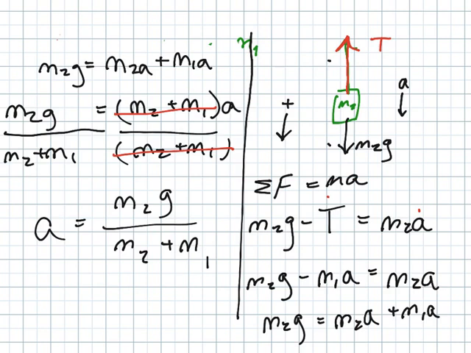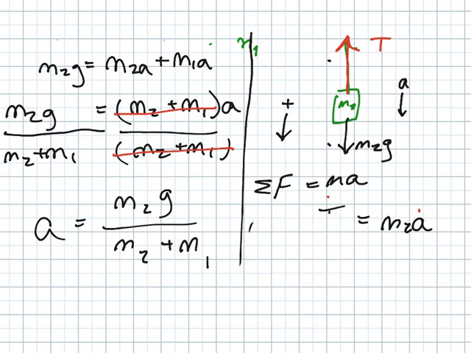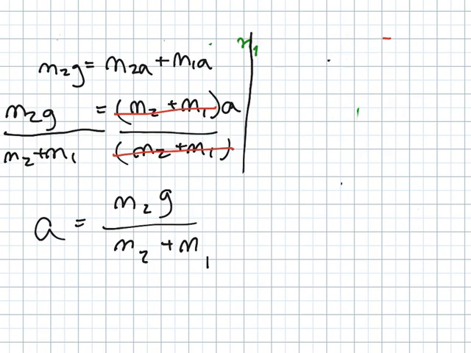I know you love to plug in the numbers, and we can certainly do that. Let me erase some more of this stuff here. Then we're going to do a couple more things with this solution just to make sure that it makes sense to us. But honestly, getting a numeric value for this acceleration is the least important part of the problem. Essentially, when you get this expression, you're done.